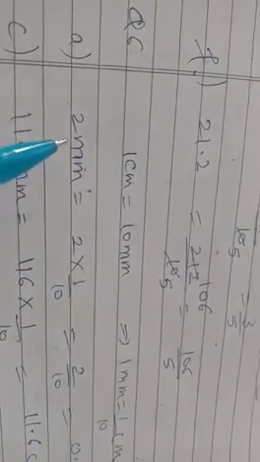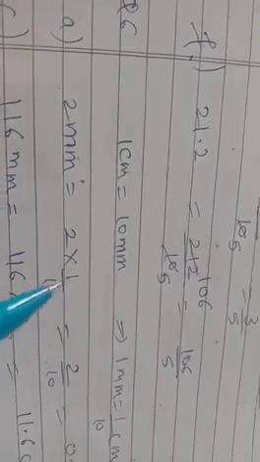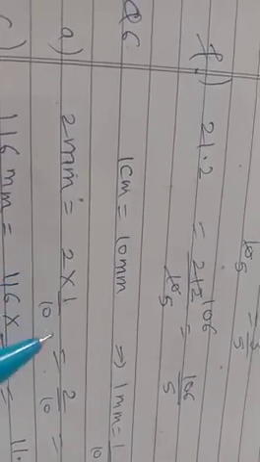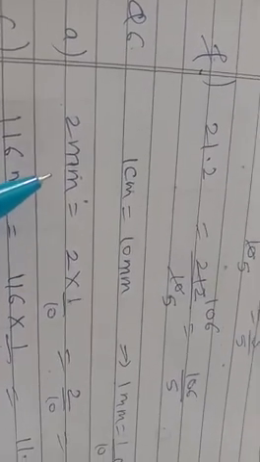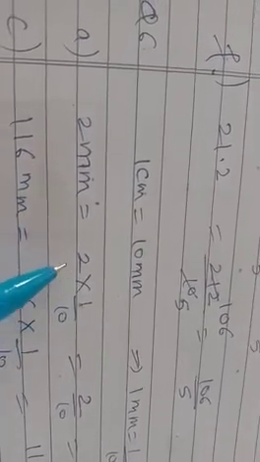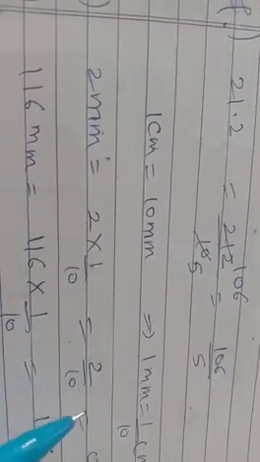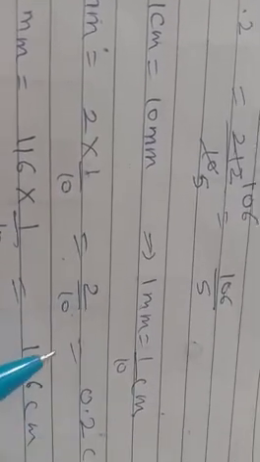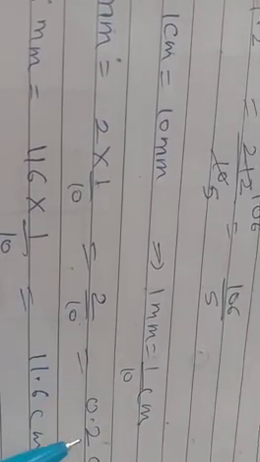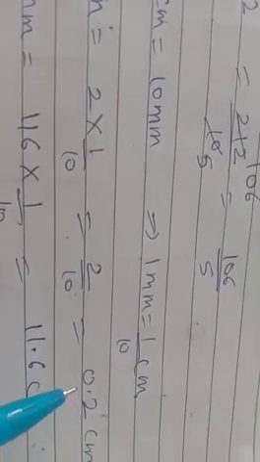So when you have to change millimeter into centimeter, that is the smaller unit into the greater unit, you will multiply by 1 by 10. So 2 millimeter, we have to change 2 millimeter into centimeter. We will multiply by 1 by 10. So we have 2 ones are 2, so 2 by 10. Again, because we are dividing by 10, we will shift the decimal to the left. So we have 0.2 centimeter.